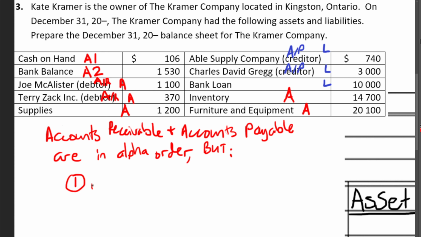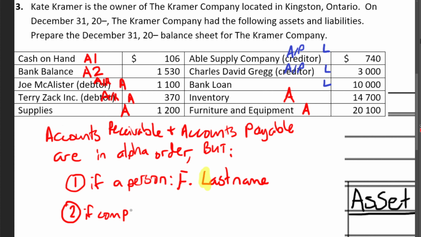Number 1, if it's a person, you take the last name first. So it's the first initial of the first name, dot, last name, and you're going to be looking at the letter in the last name only to determine if it's alphabetical order or not. And if it's a company, then you just take the full company name. Use full company name.